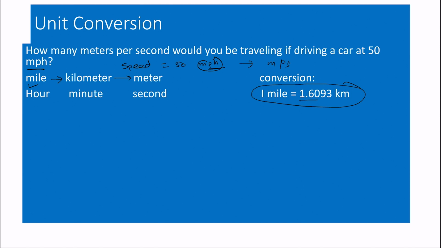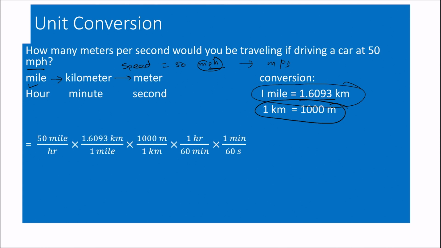I will give this data, you do not need to memorize. 1 mile is equal to 1.6093 kilometers, and 1 kilometer is 1000 meters. And regarding time, we just covered the time conversion factors previously.